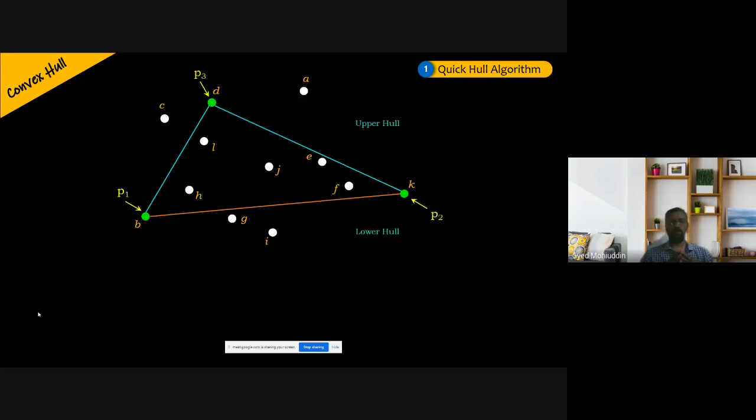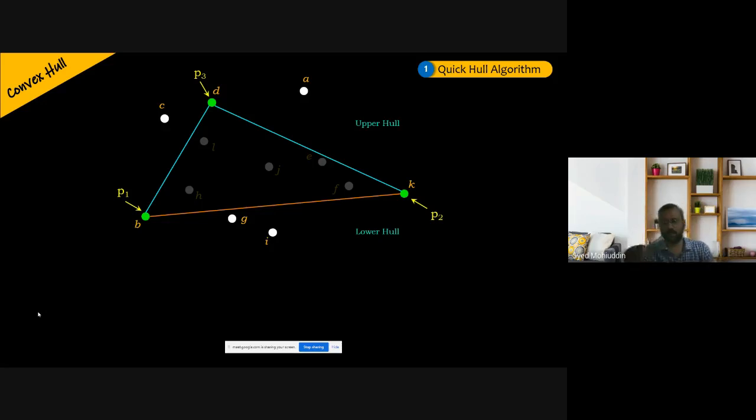Now what happens is we have taken P1 and P2, and through this line segment we have divided the points into upper hull and lower hull. The same way now we will take P1 and P2. Now the points which I have darkened are inner points, so they will never be extreme points.